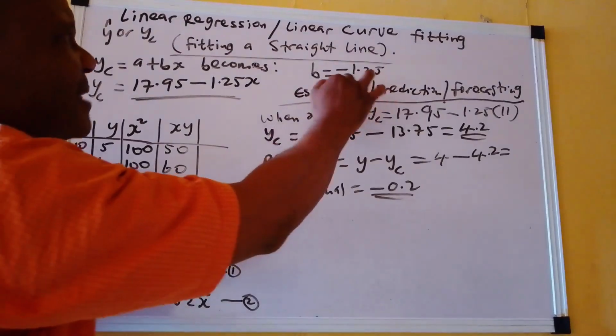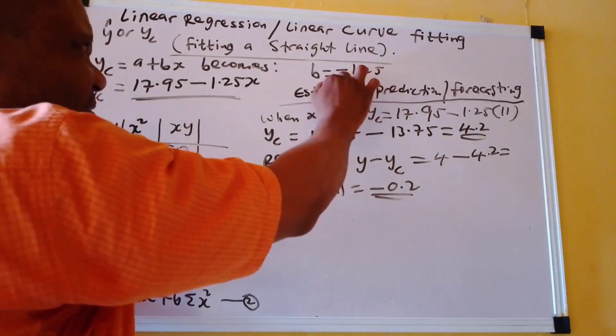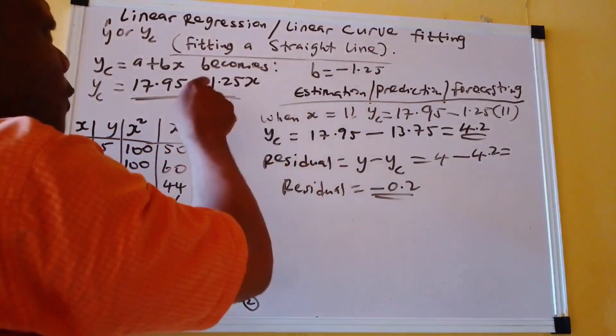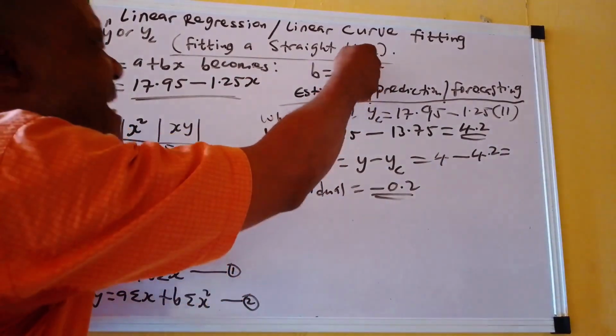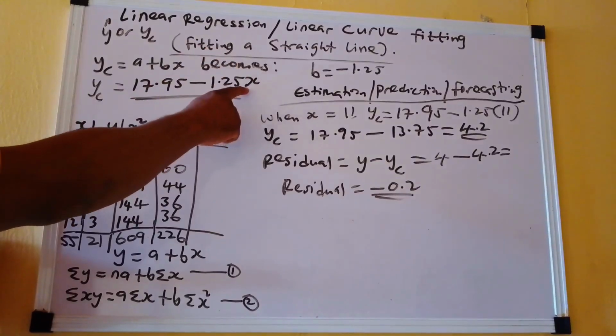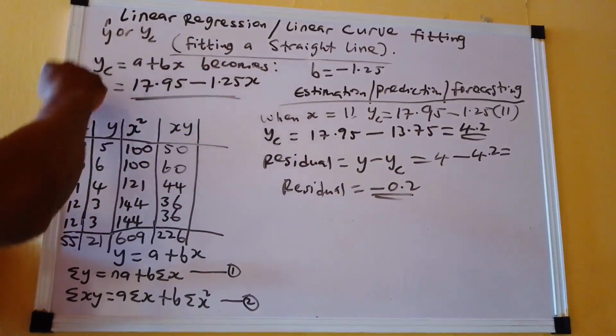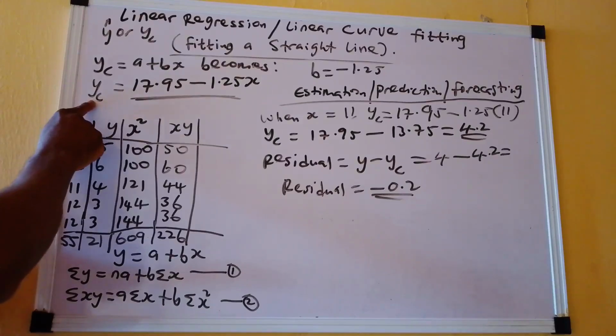Now you will see that this b here is negative. That means the slope is going to have a negative impact. That means this variable x, which is the independent variable, is going to have a negative impact on y, the dependent variable, the expenditure.